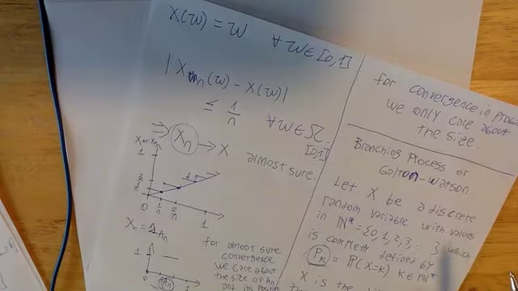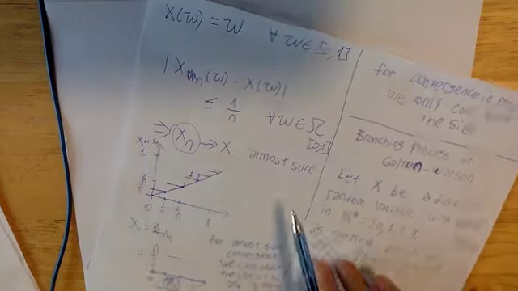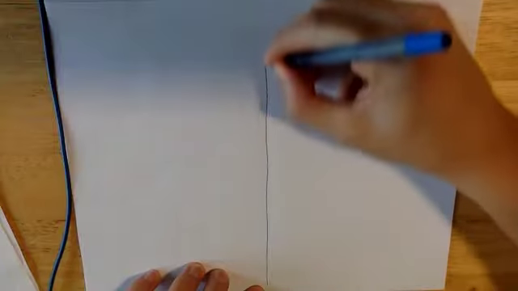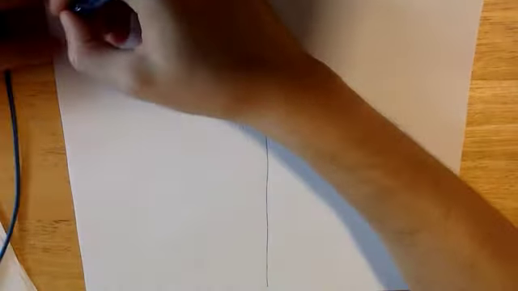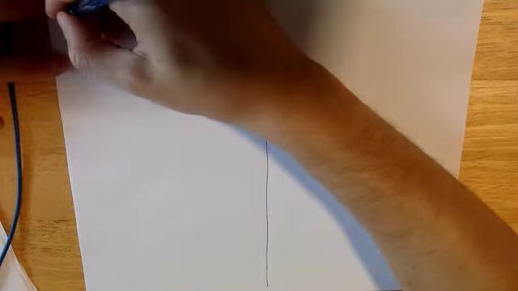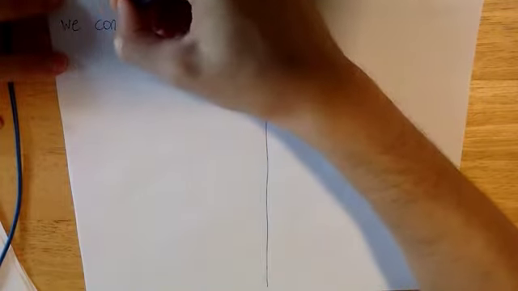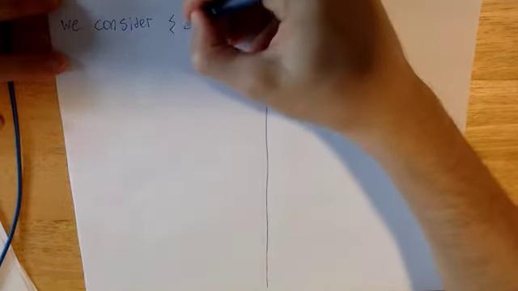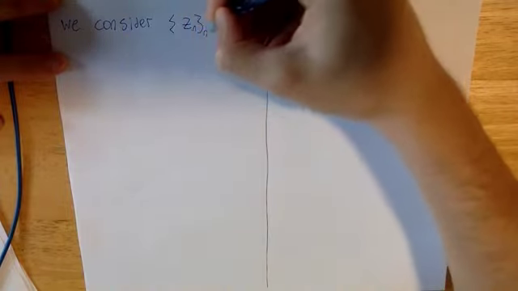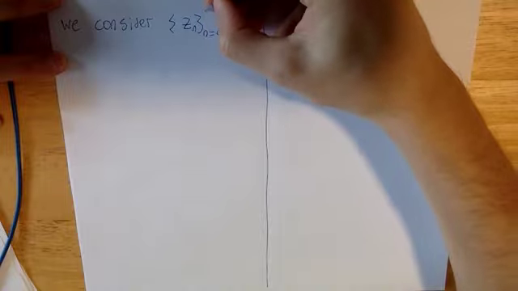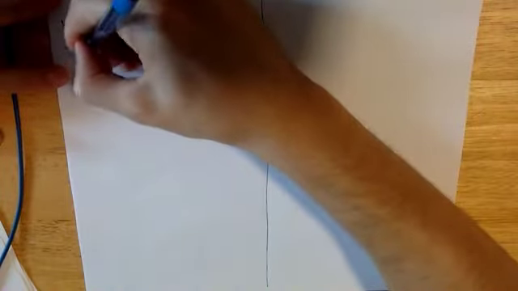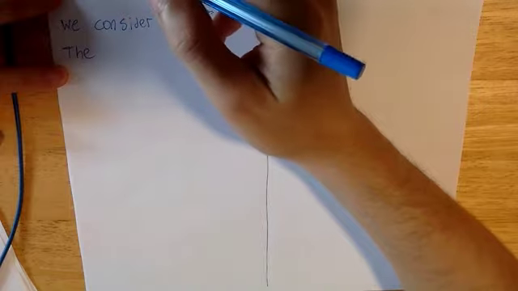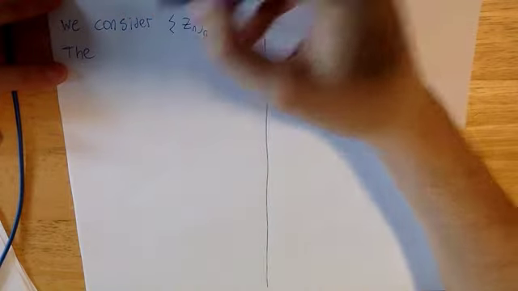Okay, so we start. We consider Zn, which is the Galton-Watson process, Zn, n equals 0 to infinity.